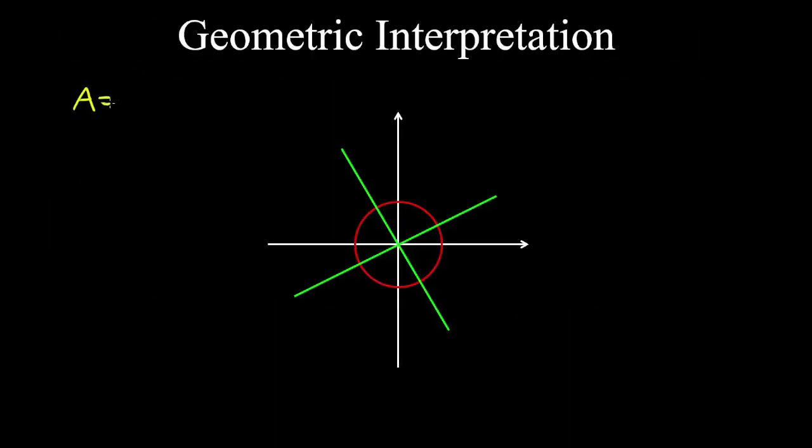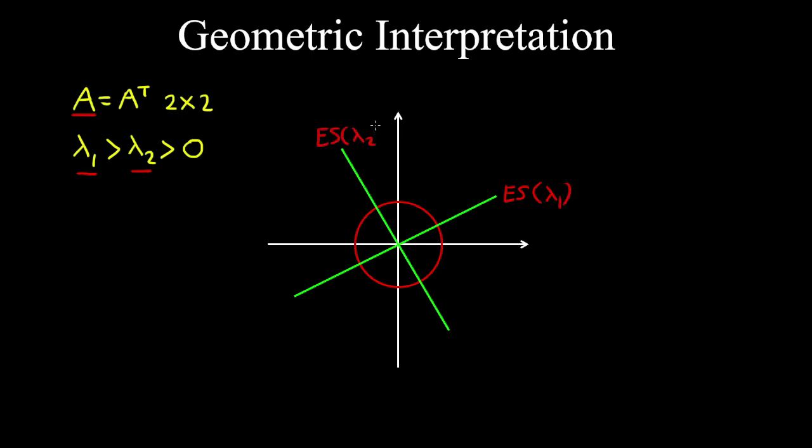Assuming a symmetric 2x2 matrix with two distinct eigenvalues which are positive, and the eigenvalue lambda 1 is the dominant eigenvalue. So given A is symmetric and the eigenvalues are distinct, then we know the eigenspaces corresponding to lambda 1 and lambda 2 are perpendicular lines through the origin.